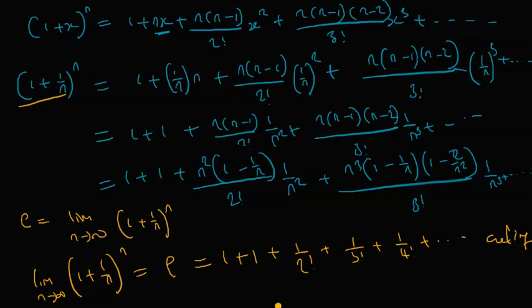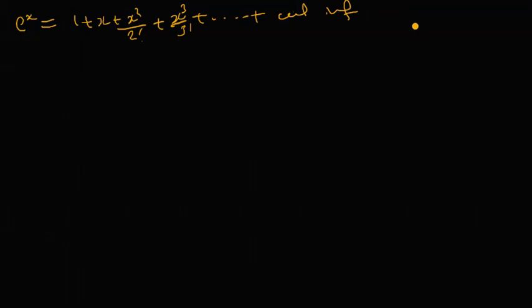Okay, so this theorem is usually derived in calculus 2, but we are able to prove it using a simple binomial expansion. And what about the other case of e to the x being equal to 1 plus x plus x squared over 2 factorial plus x cubed over 3 factorial plus this ad infinitum?